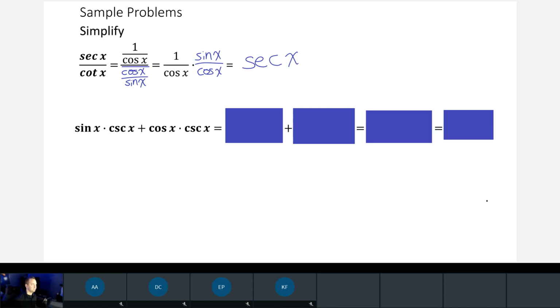Tangent. So this would be an answer right here. You simplify: secant x times tan x. That answer works. Technically speaking, you could say sine x over cosine squared x. That would also technically be an answer. That's simplified.